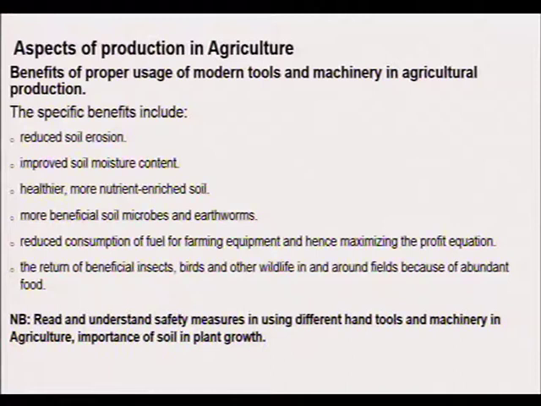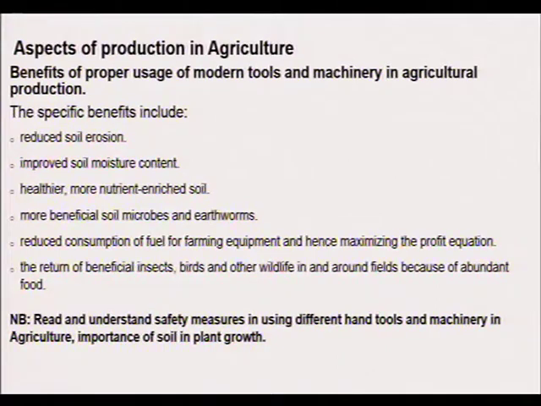Once these tools are properly used, they have some benefits, which include reduced soil erosion. For example, if you use machinery like the plough properly, it can lead to reduced soil erosion.